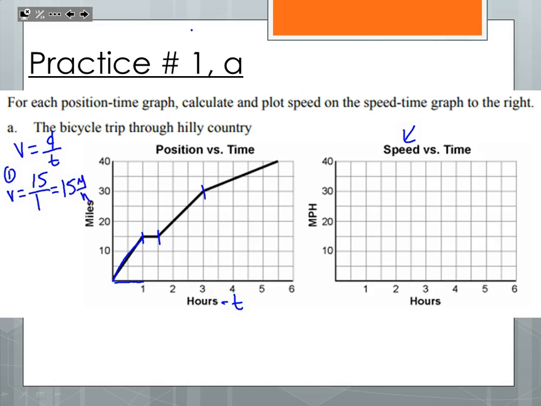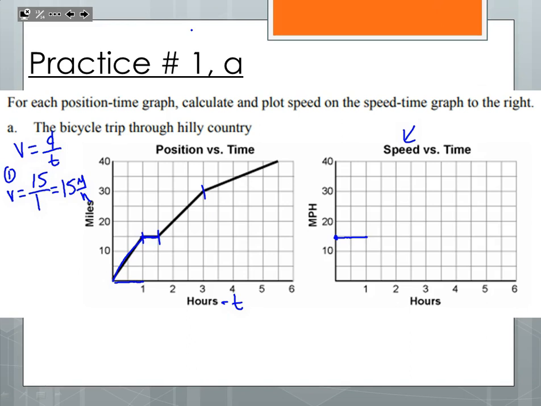Then I can come over, and I know that at that first hour, the bicycle started at 15, or she, and went in a straight line. Because we're just looking at the distance. So its distance in 1 hour was at 15 miles per hour. But then it shows us that he or she, I guess I shouldn't say that, did not do any acceleration at all, but kept its speed the same for another half hour.